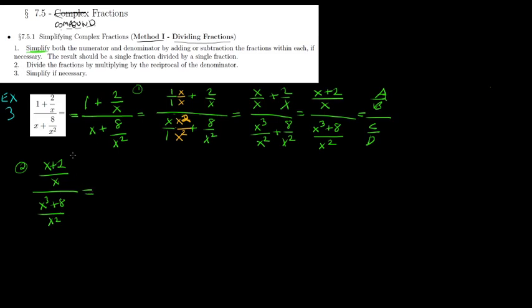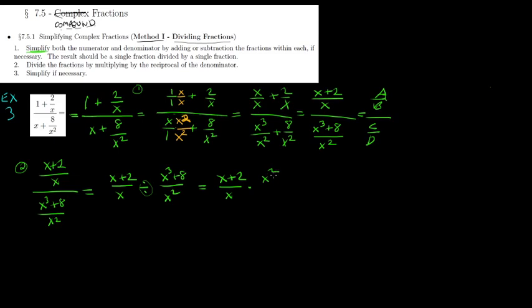So step 2, divide the fractions, right? So we divide the numerator by the denominator. Right? And now change flip. So keep the first fraction. Change this to multiply instead of dividing, or now multiplying. And now flip the second fraction.